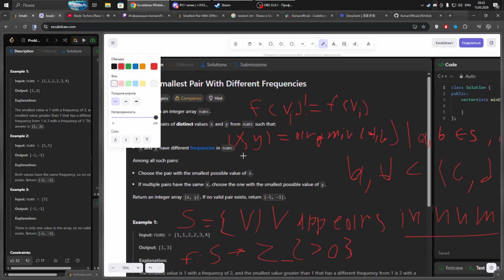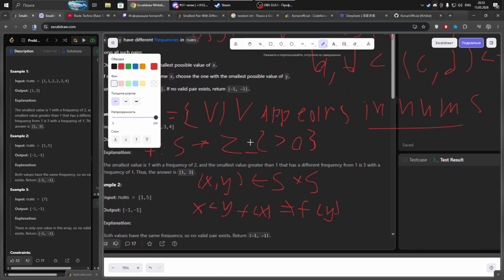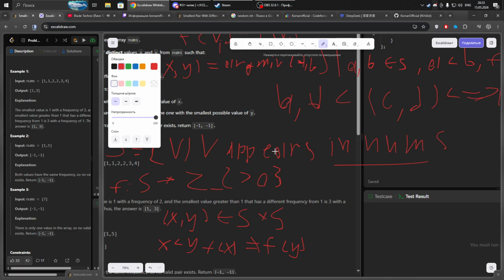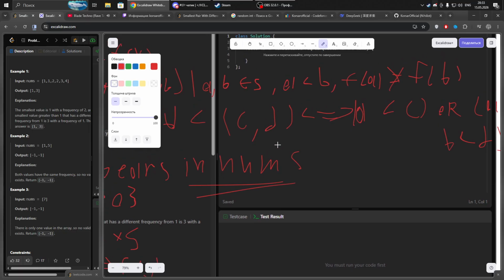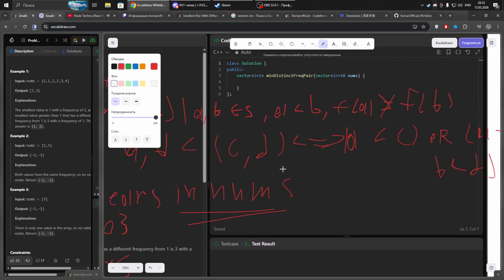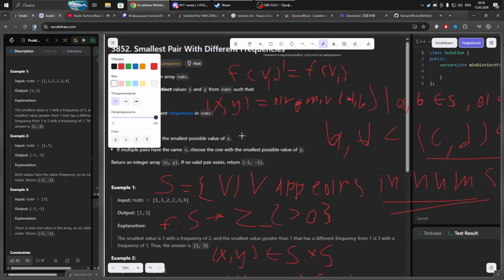Very good. After counting the frequencies, we only need to sort distinct values and scan pairs and return the first pair with different frequencies. So this is most optimal and much simpler than checking all pairs.